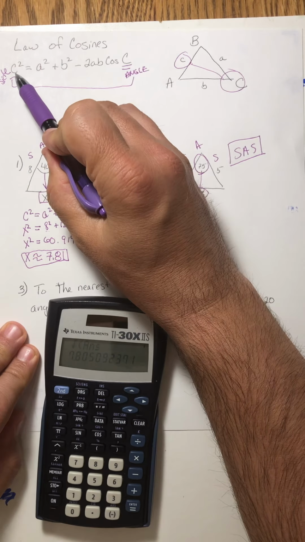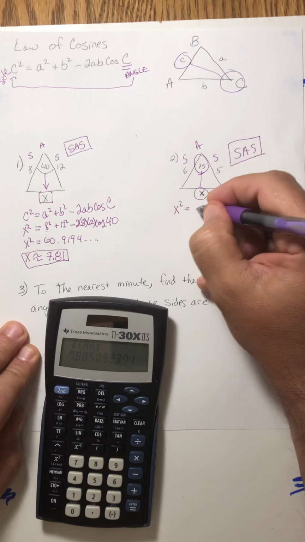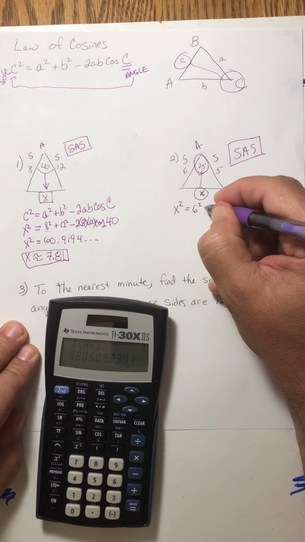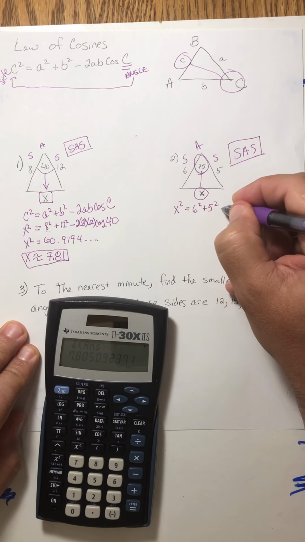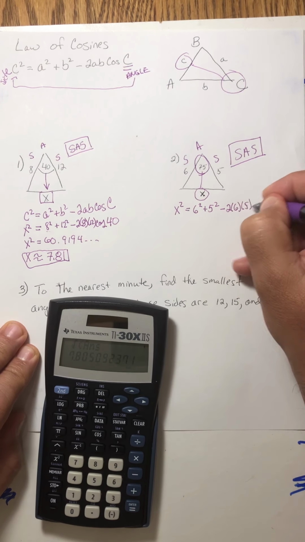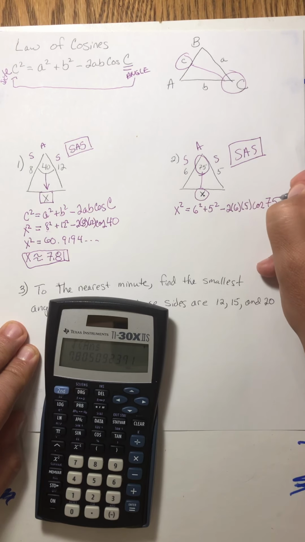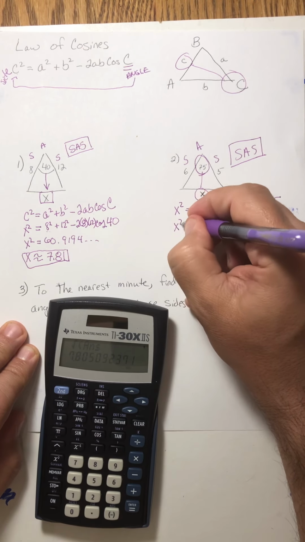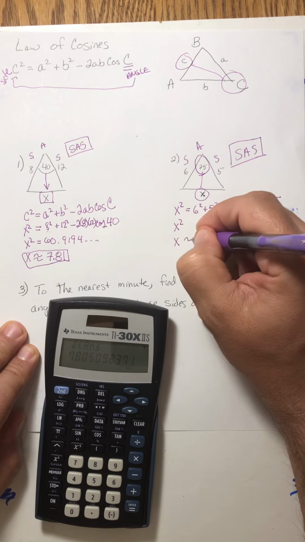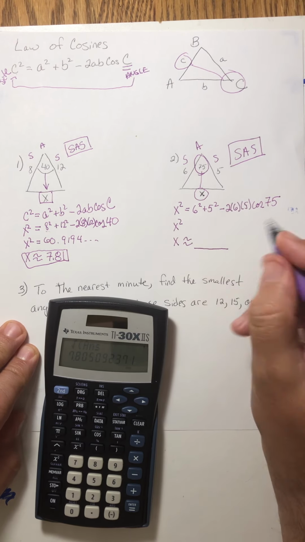So I have x squared is equal to, then I can just fill in everything else. 6 squared plus 5 squared minus 2 times 6 times 5 cosine of 75. Exact same steps, type it all into the calculator, and we get our answer when it's all rounded off.